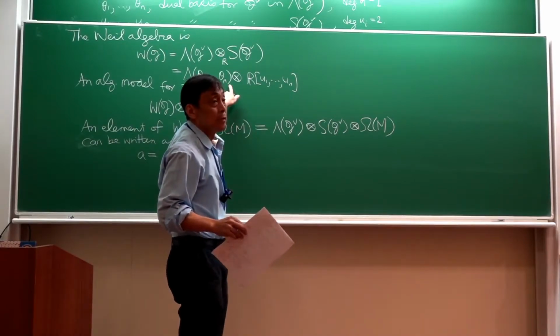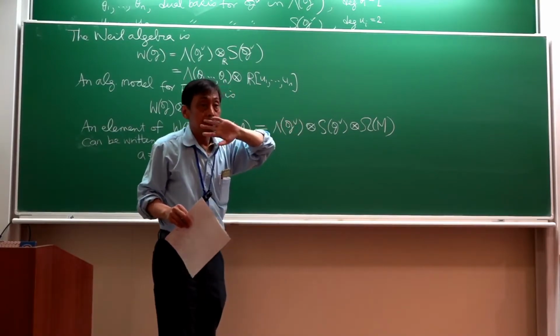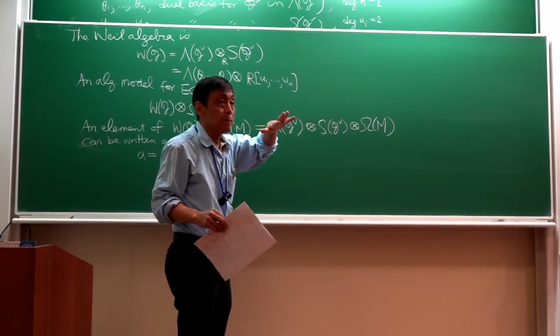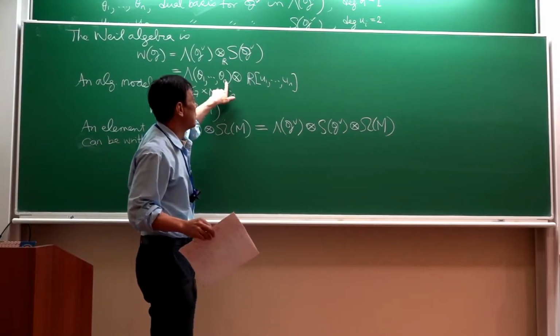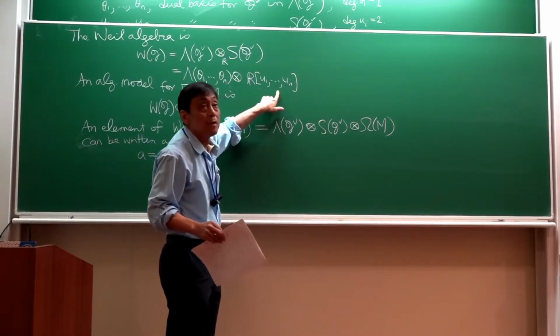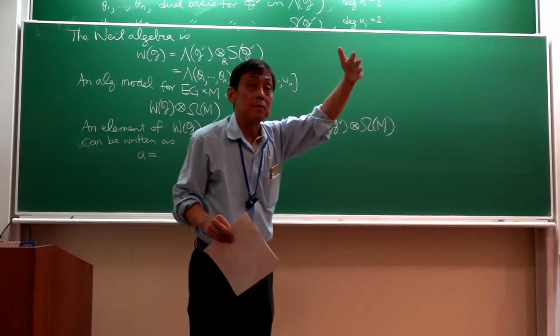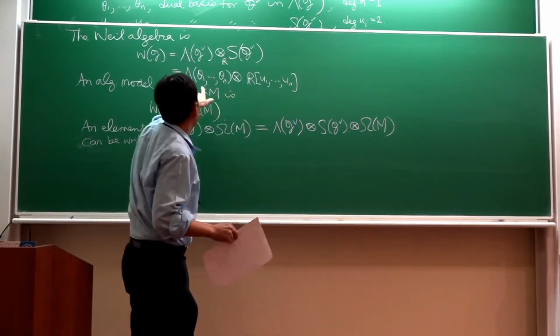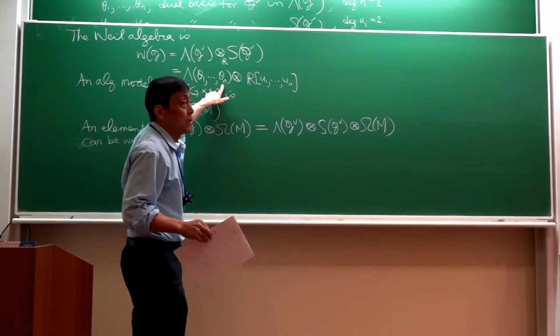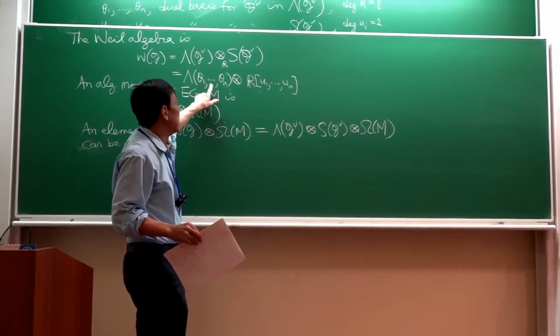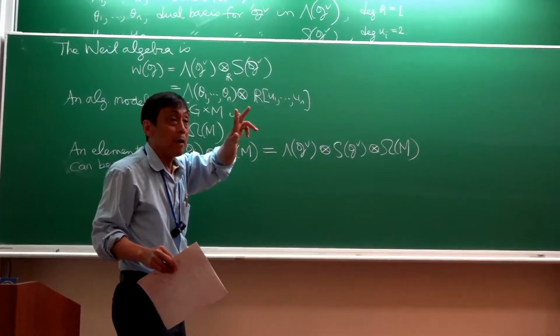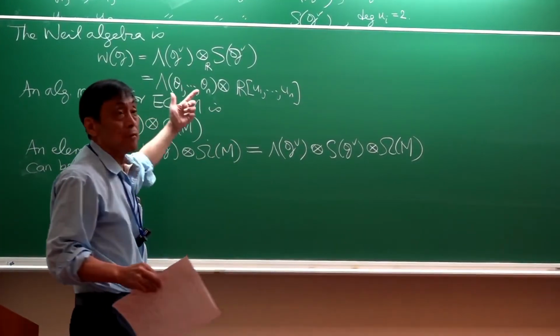the exterior algebra has finitely many basis elements, right? This is finite dimensional. This is not finite dimensional because polynomials can have arbitrary degrees. But here, you can't have arbitrary degrees because if you raise any of these to the second power, it's 0, right?